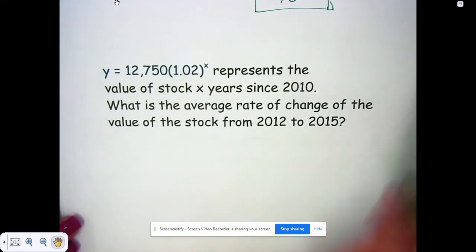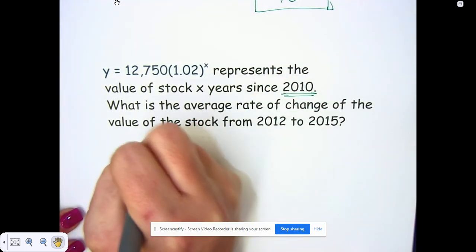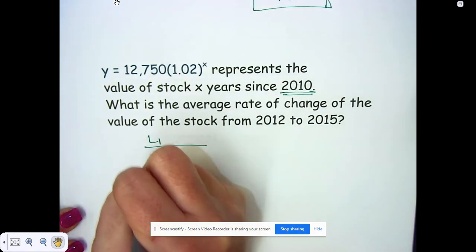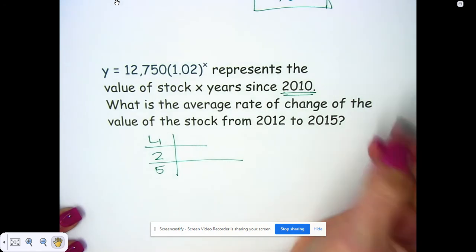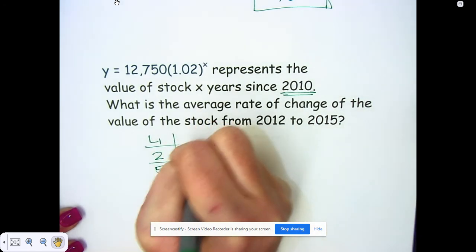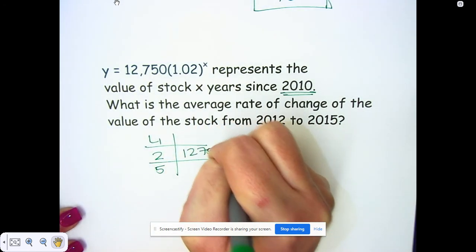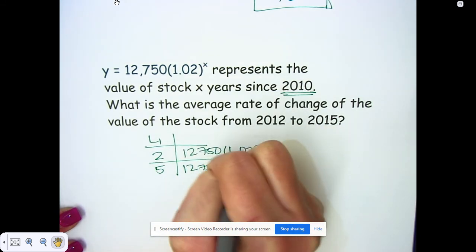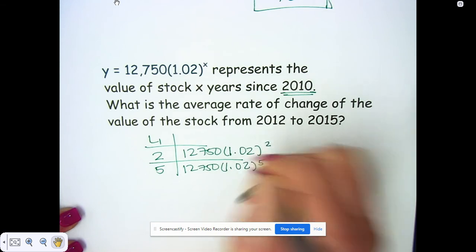So again, since 2010, my L1 values are going to be 2 and 5. And then L2 is just plugging it in, 12,750 times 1.02 to the second, and 12,750 times 1.02 to the fifth. Okay, so that's what's going into my stat.